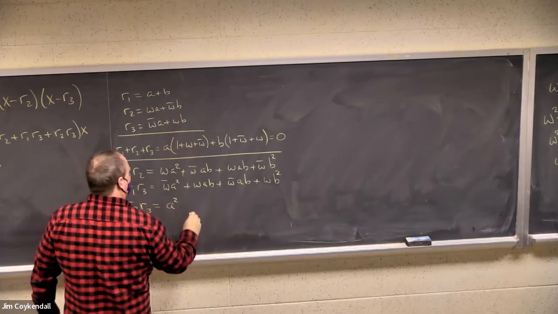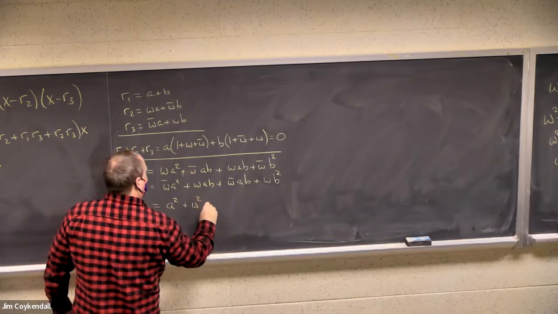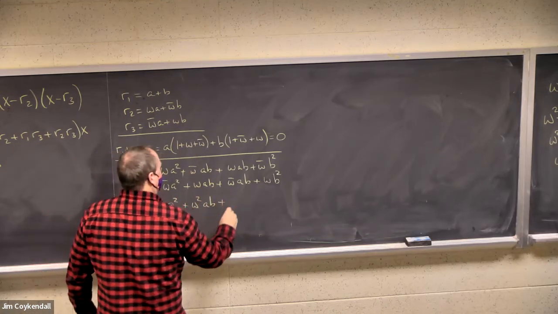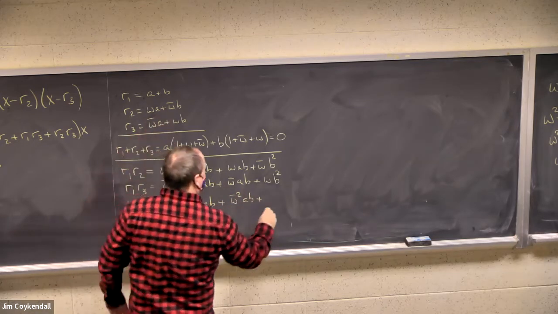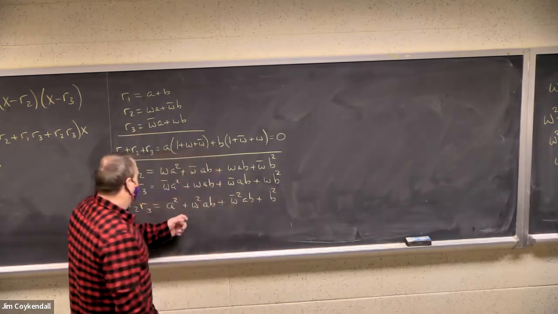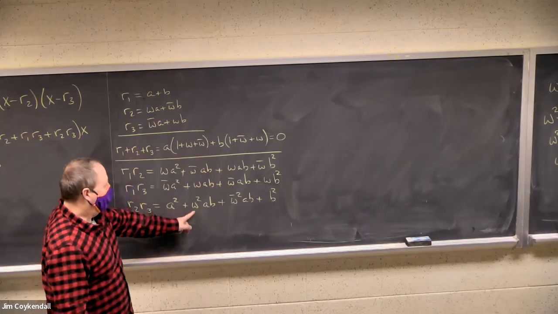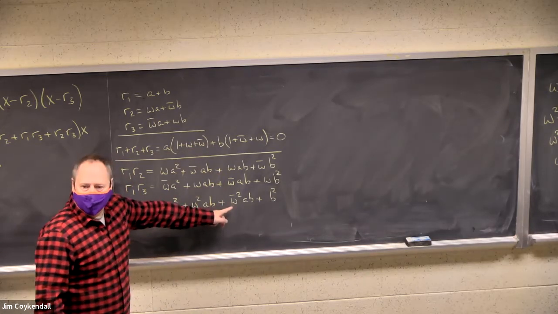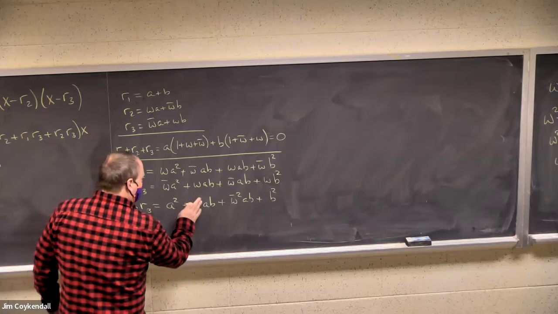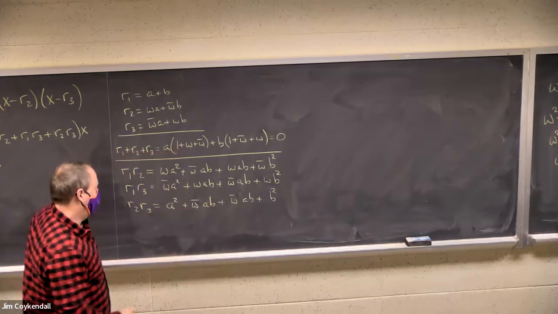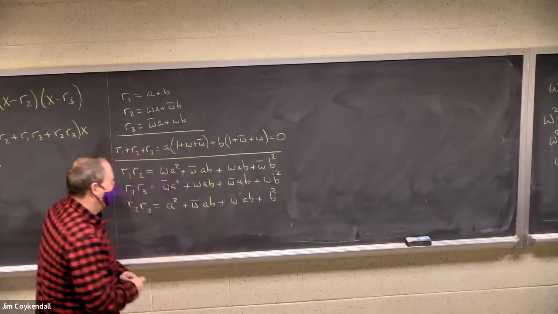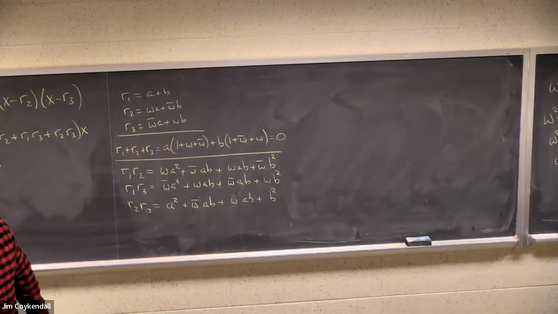This is omega squared AB plus omega bar squared AB plus, again with the 1, B squared. But omega squared is omega bar, and omega bar squared is omega. Everybody okay so far?